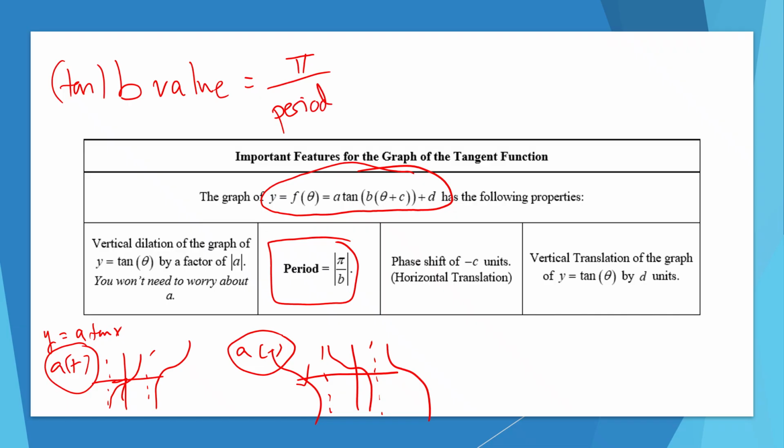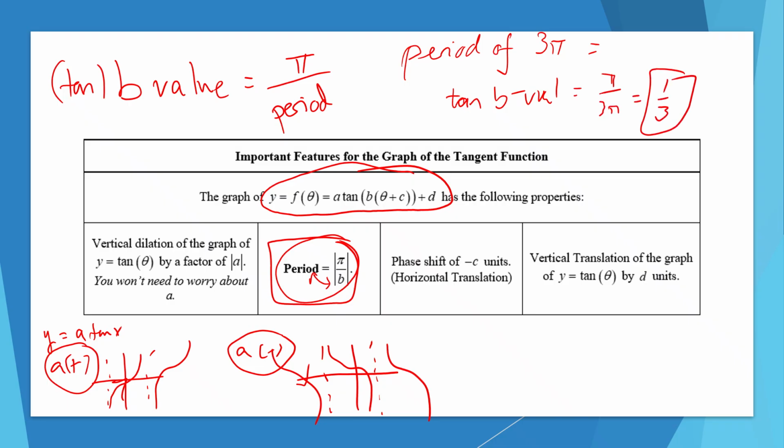That's how we find the b value. It's the same equation, but they swapped the b value and the period, which you can always do with fractions. For example, let's say I have a period of 3 pi. Then my tangent b value would be pi over 3 pi, which means 1/3 should be my tangent b value, not 2/3, which is what you'd get if you did 2 pi over 3 pi.